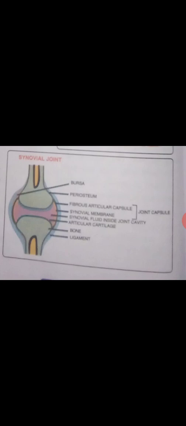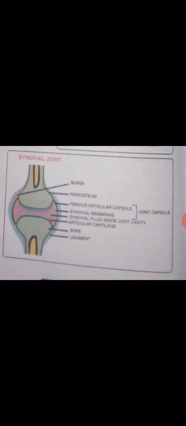Next one, the freely movable or synovial joints. These joints can move to a great extent. They are covered by a thin membrane and filled by synovial fluid. In this picture, we can see the freely movable joints easily.